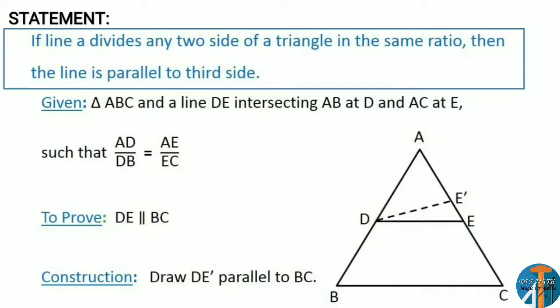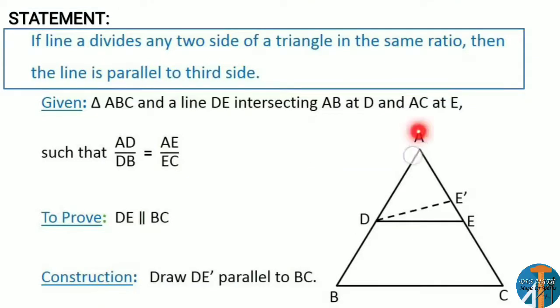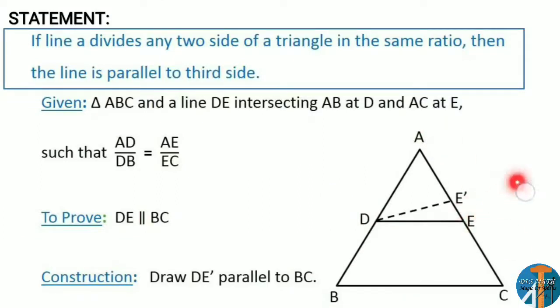So what is given? In triangle ABC, you have to write, in triangle ABC, the line DE intersecting AB at D and AC at E. Clear?